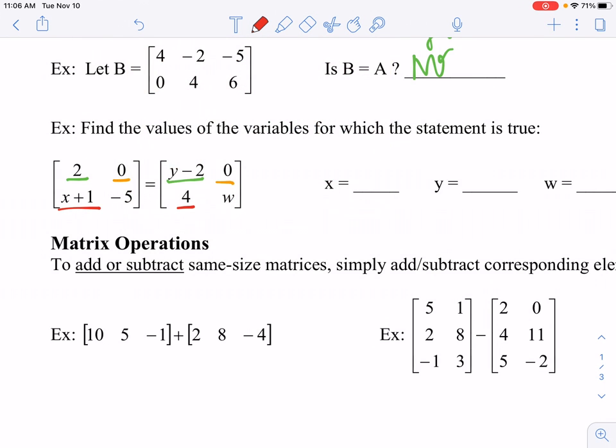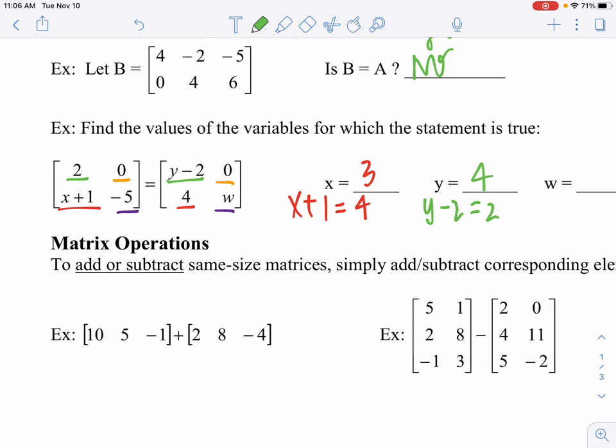This x plus 1 is equal to this 4. And this w is equal to this negative 5. So if we wanted to solve for x, we know x plus 1 equals 4, so x would equal 3. Or for y minus 2 equals positive 2, y would equal 4.